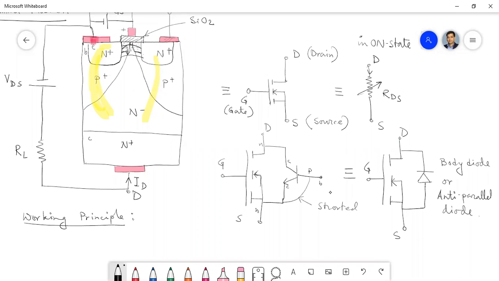Sir, due to the noise signal the transistor may turn on. Correct. If there is any spurious signal, this transistor may be turned on. So to avoid this, we make this short.